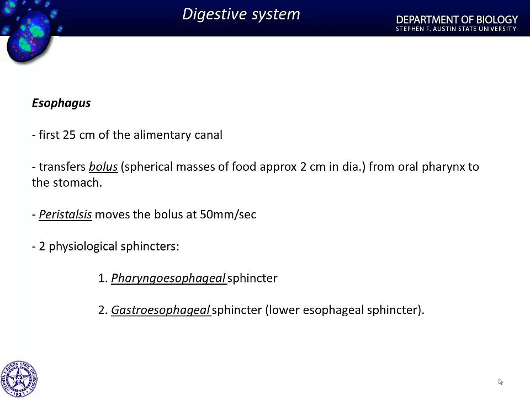But as we get lower in the esophagus, before we get to the stomach, we have the gastroesophageal sphincter, often referred to as the lower esophageal sphincter. And that really is going to be the controlling structure that's going to prevent the acid in the stomach from regurgitating back into the esophagus. If that happens, we refer to that as heartburn, or we also refer to that as reflux.